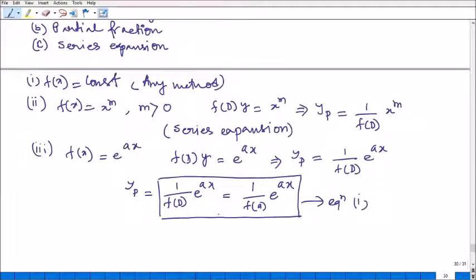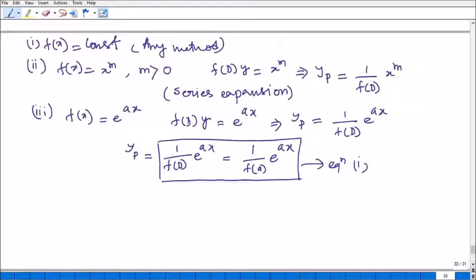So by using this formula 1, we can easily calculate the particular solution yp if the function is an exponential function. So here this polynomial function of the operator D is replaced by the polynomial function of the constant a. So it is very simple.